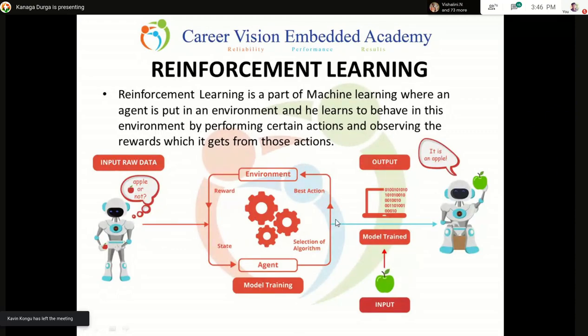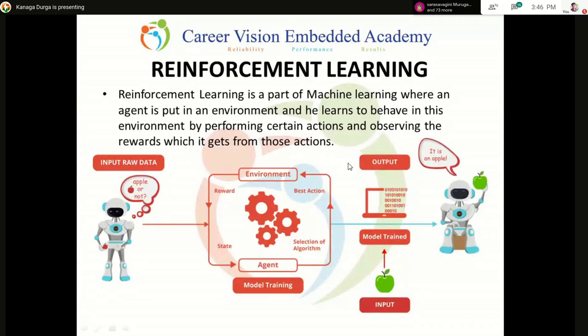So I give feedback again, but this time it is negative feedback. I tell it, no, it is an apple, you're telling it wrongly. The system will see that it has been given negative feedback, and then store these features in the apples column. It predicted it is not an apple, so it has made a mistake, and it will rectify that mistake. This is how reinforcement learning works.